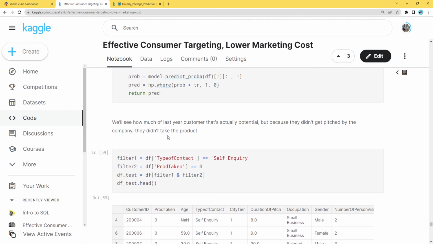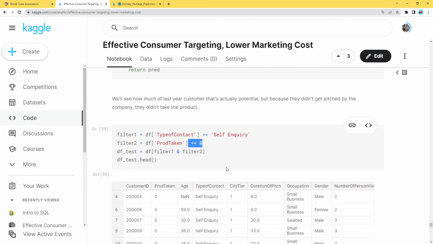And oh yeah, we actually want to see from last year's data how many of the customers who self-inquired, so there was no effort from us to pitch them, were actually predicted potential by our model. So the first filter is self-inquiry, and the second filter is the consumer didn't take the product. It's a waste, but we want to know how much, right?